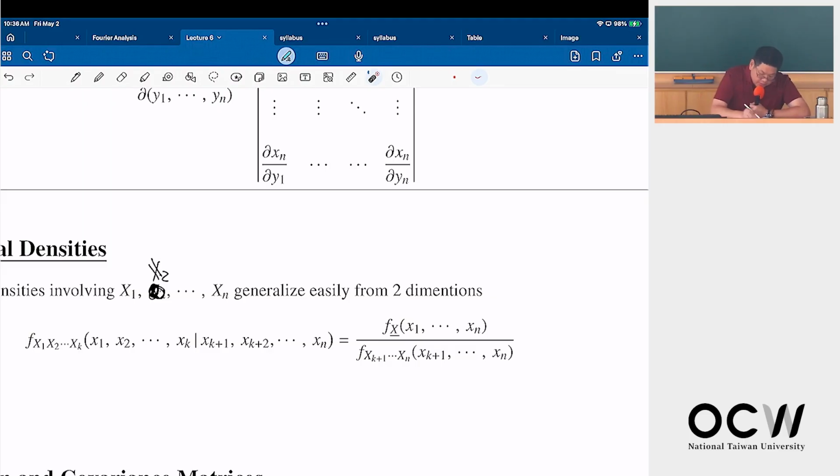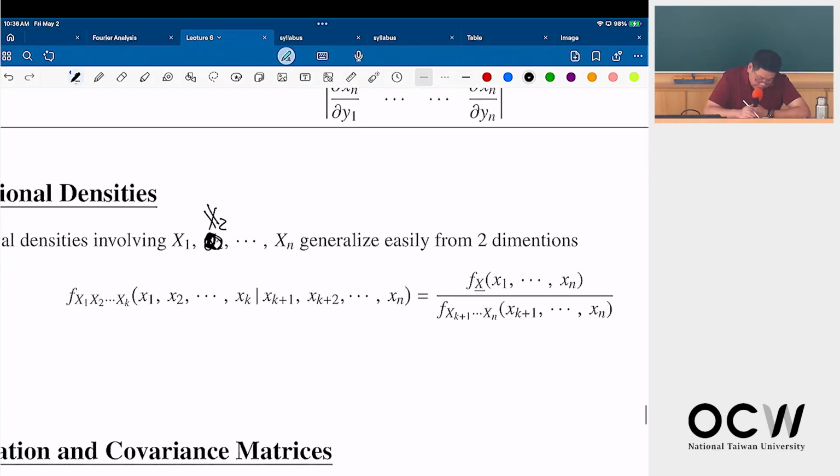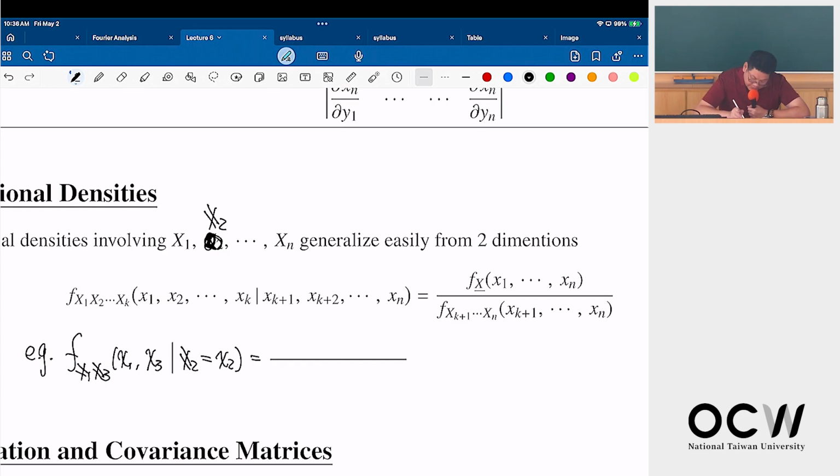For example, the joint PDF of x1, x3, conditioned on x2, so x2 equals some value. This means I have a joint PDF of x1, x2, x3, divided by the PDF of x2.